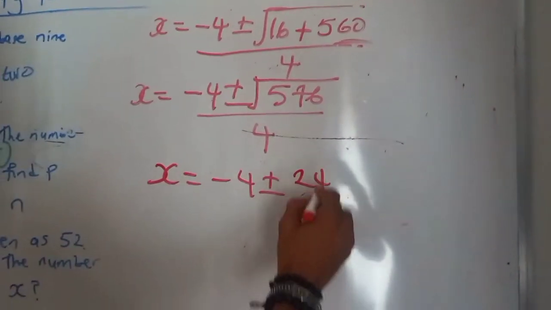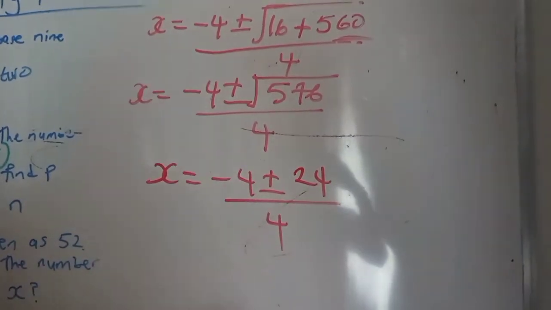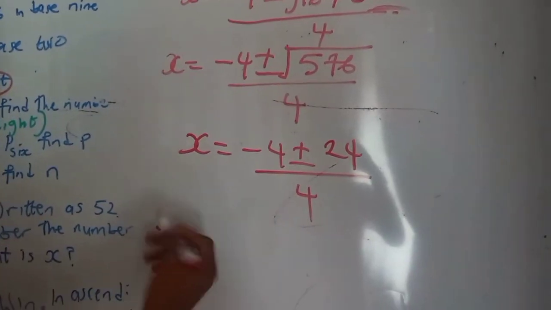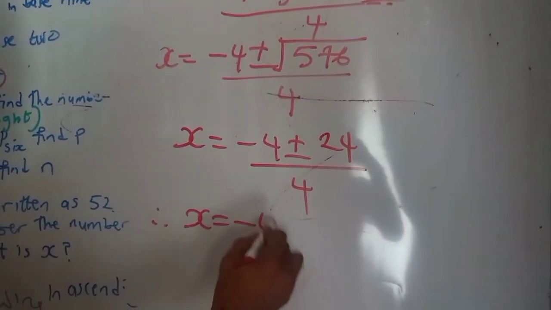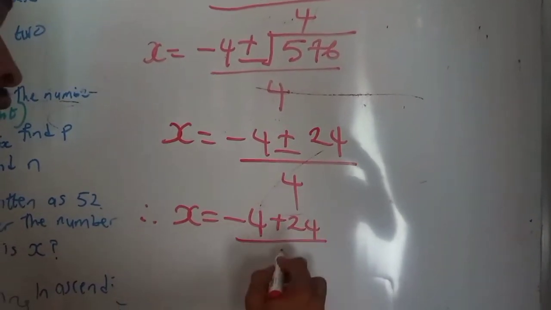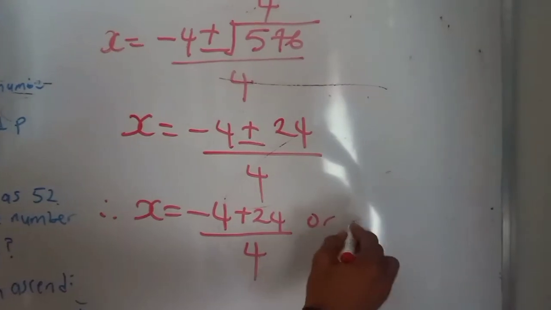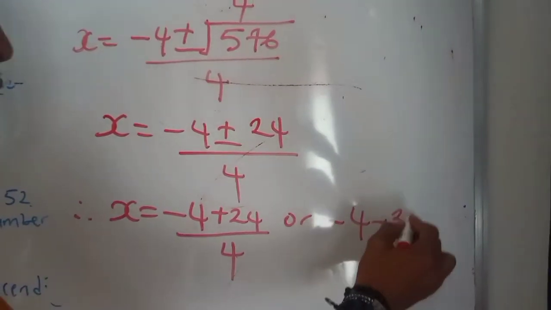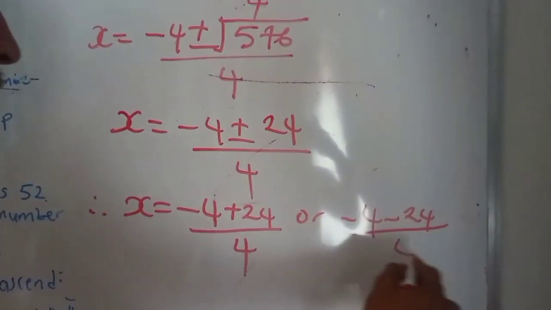24, over 4. Which means that x equals minus 4 plus 24 divided by 4, or minus 4 minus 24 divided by 4.